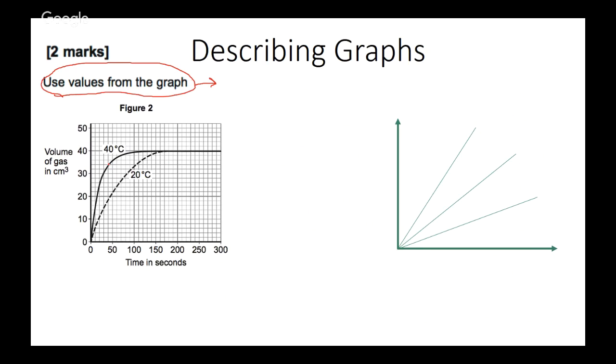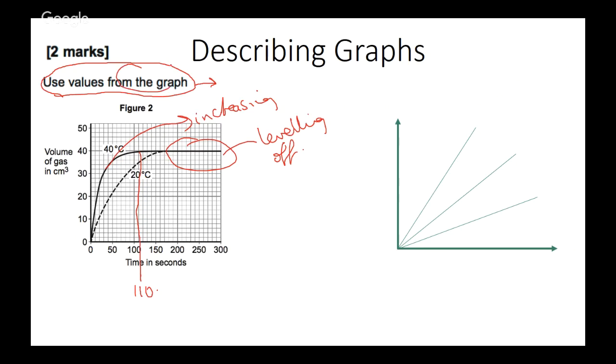When we talk about describing graphs, we can describe regions like this as increasing and these points as leveling off. But if we're asked to talk about values from the graph as well, you need to tell me, for example, that the volume of gas increases up until this point, so maybe up until 110 seconds.